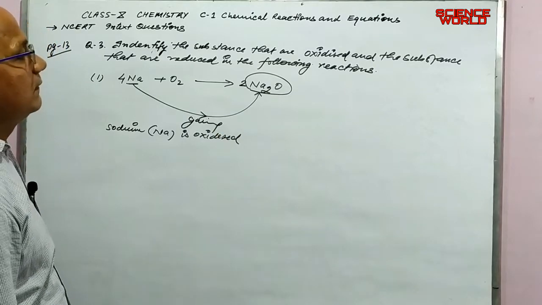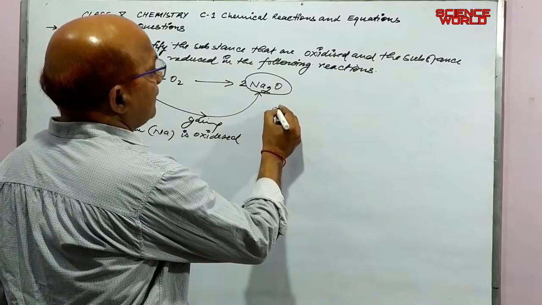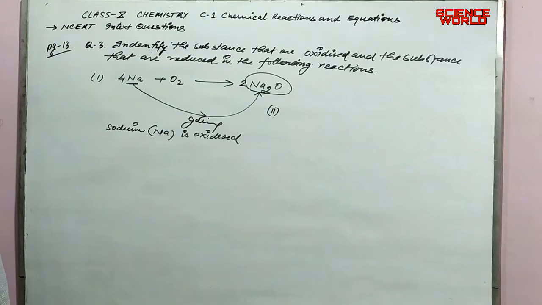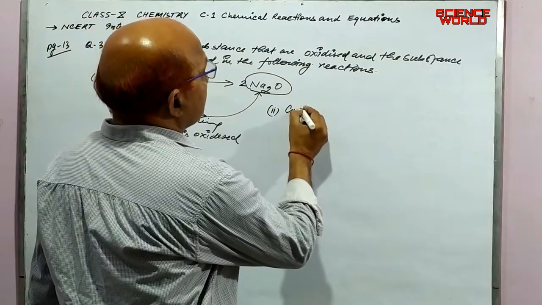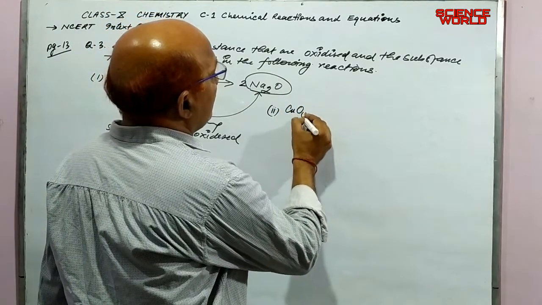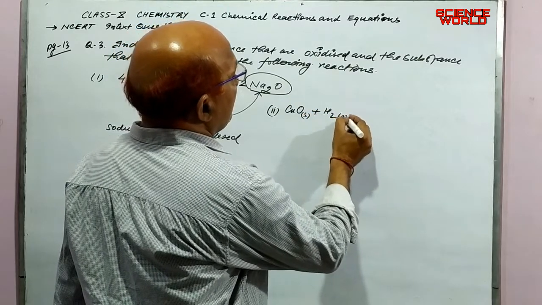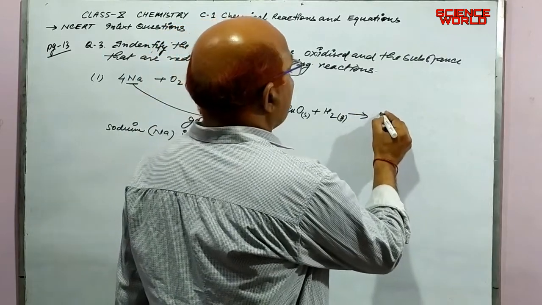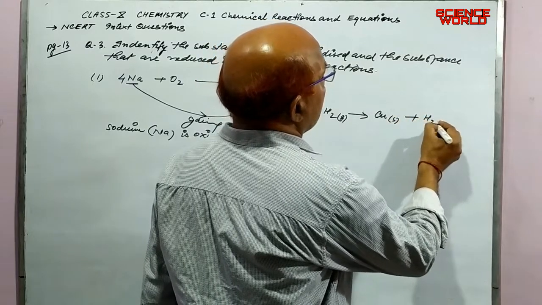Now, in the second part of the question, CuO plus H2 gives Cu plus H2O.